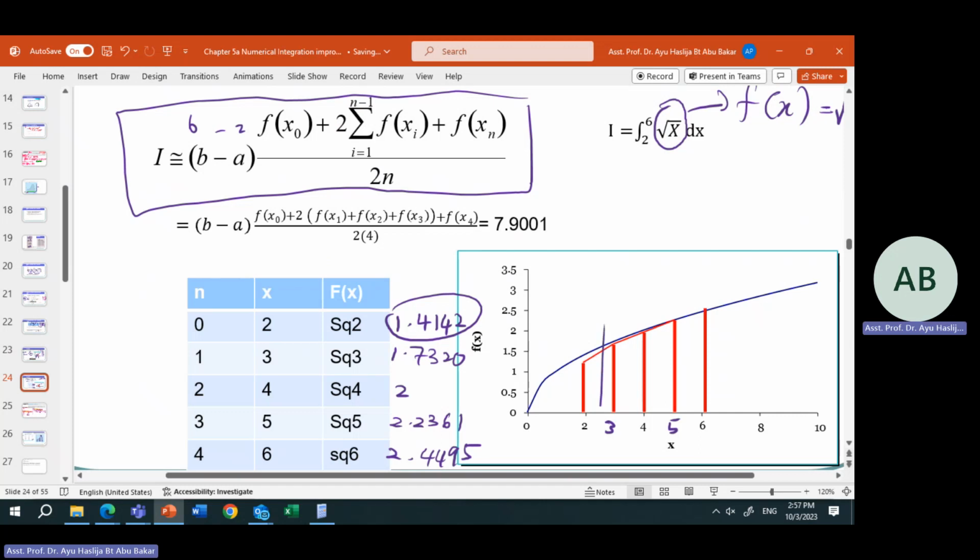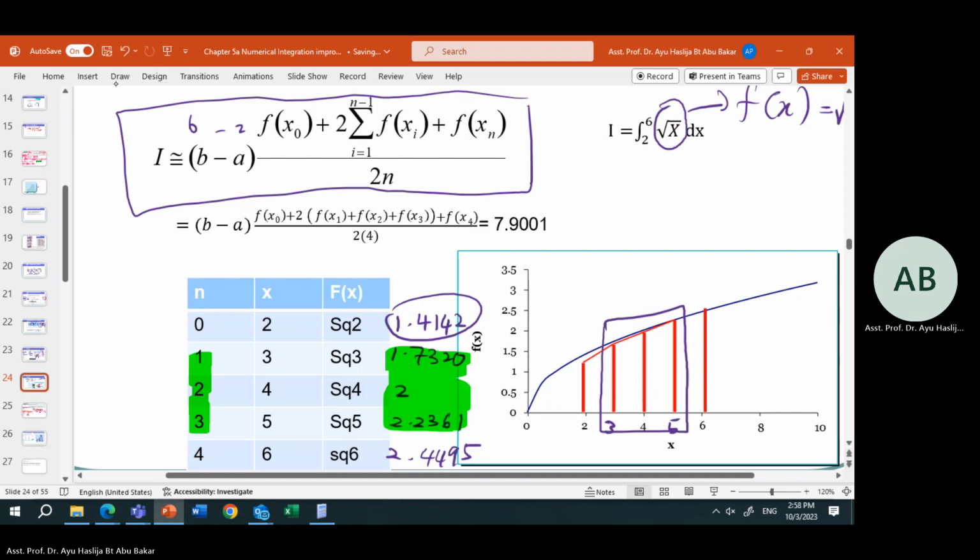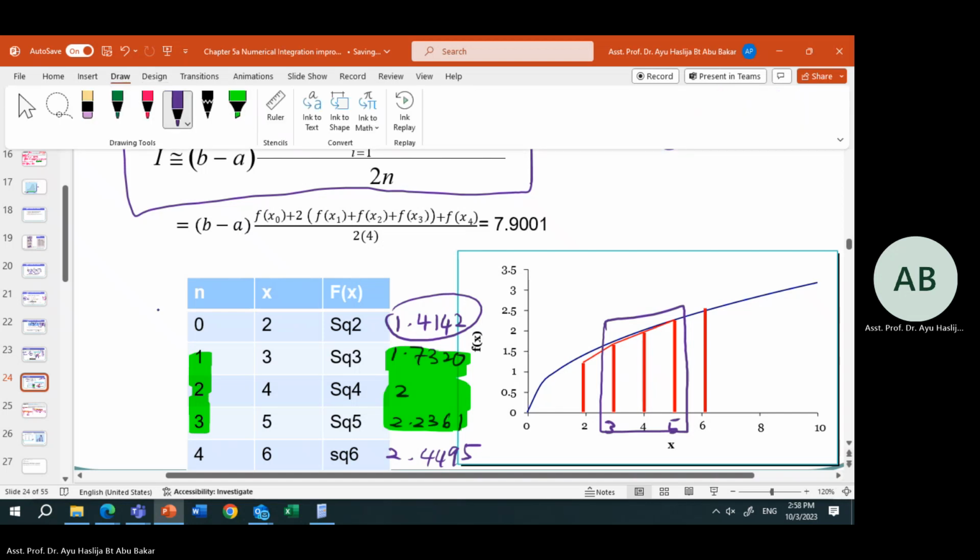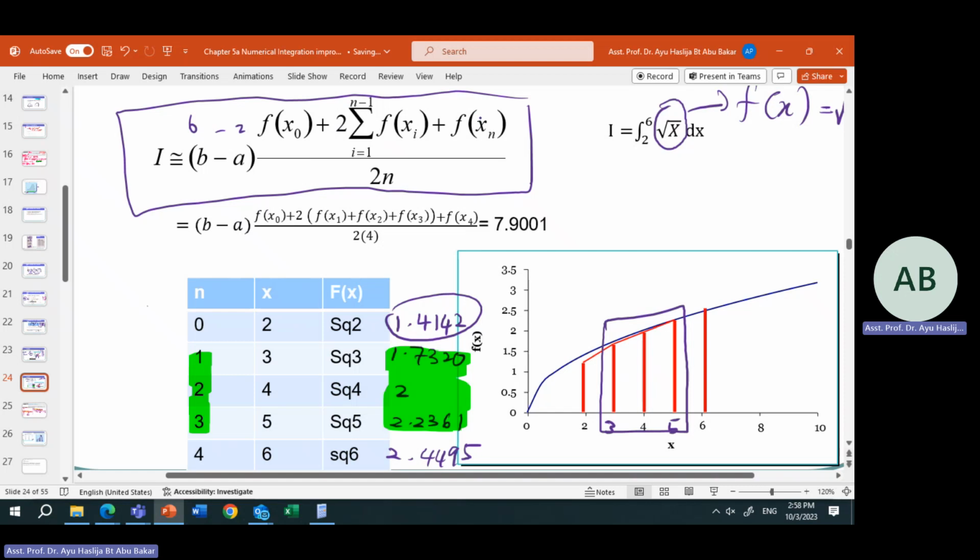Okay, so here, this part. Summation of this, the green color one. The fxn is the last part, the last area.